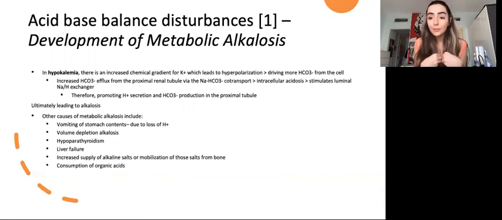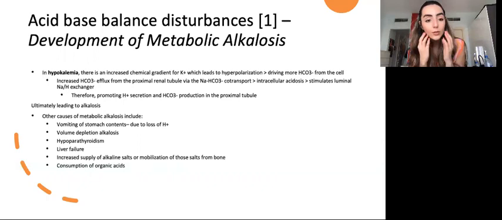This increased bicarb efflux from the proximal renal tubules via the sodium bicarb co-transport can cause intracellular acidosis, and then this stimulates the sodium-hydrogen exchange. Therefore, it promotes hydrogen excretion and bicarbonate production in the proximal tubule, and this leads to alkalosis.